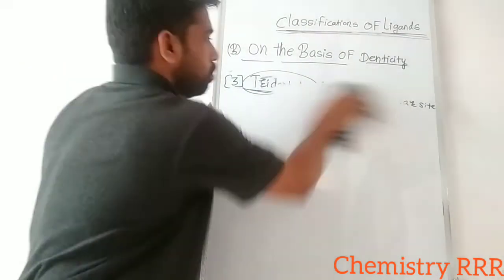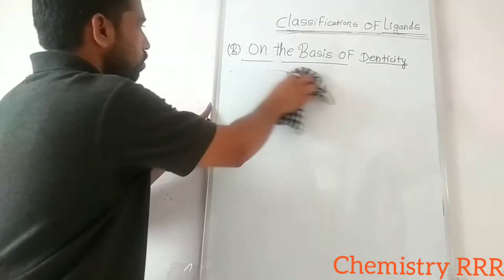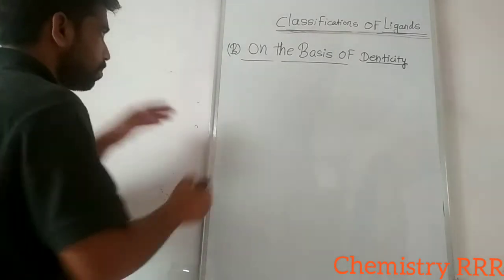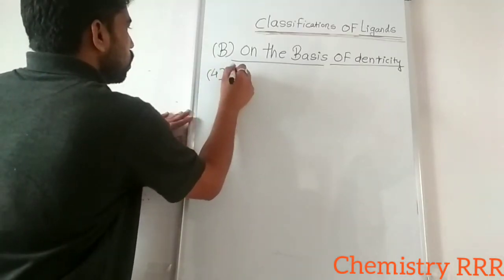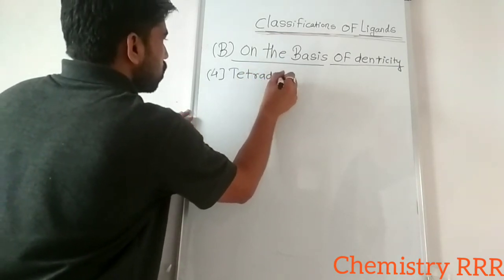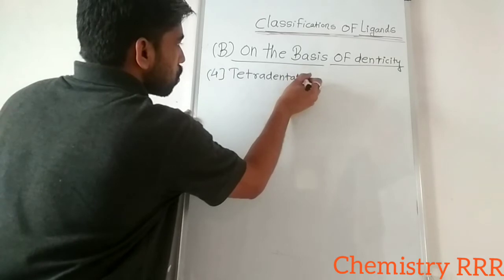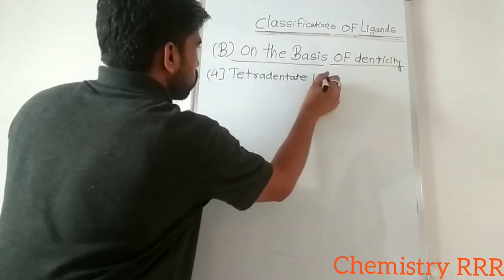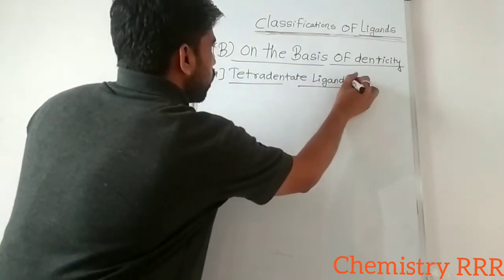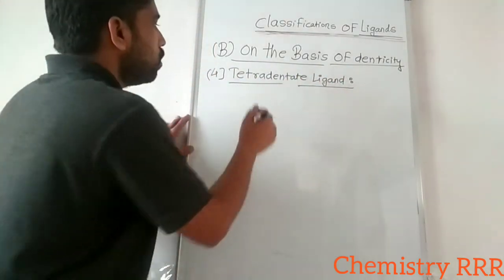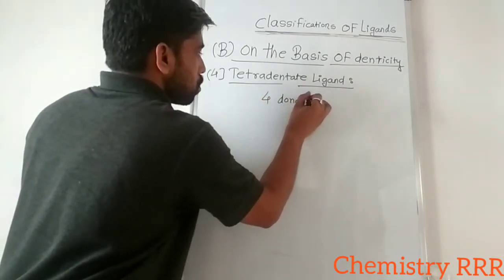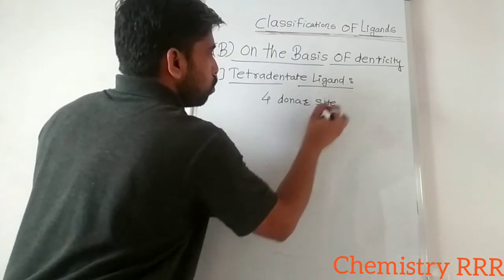A tetradentate ligand has 4 donor sites, or 4 donor atoms.